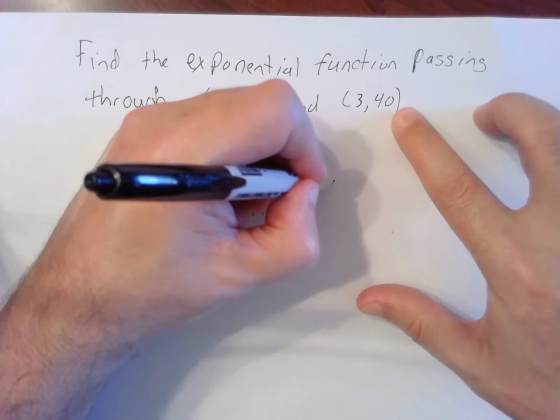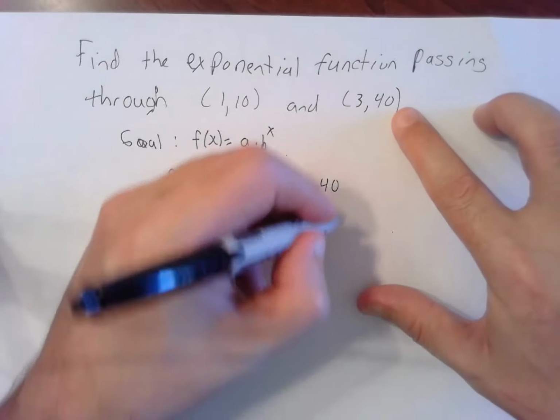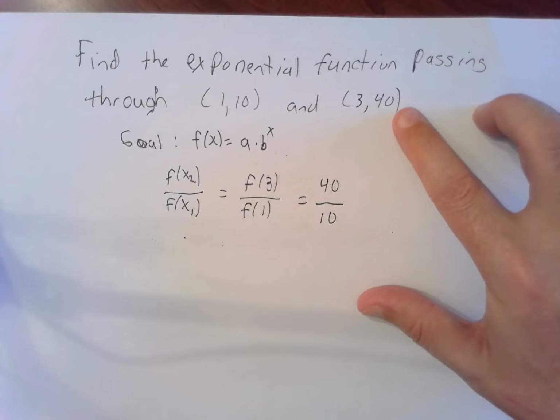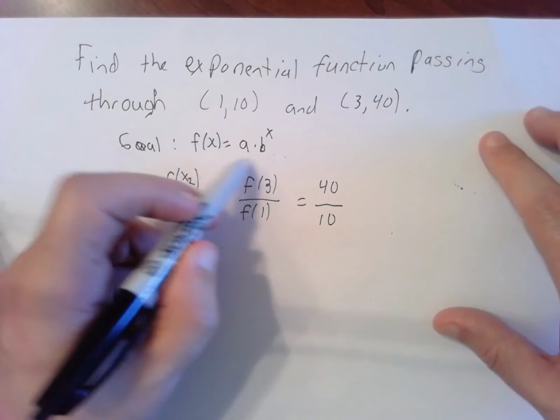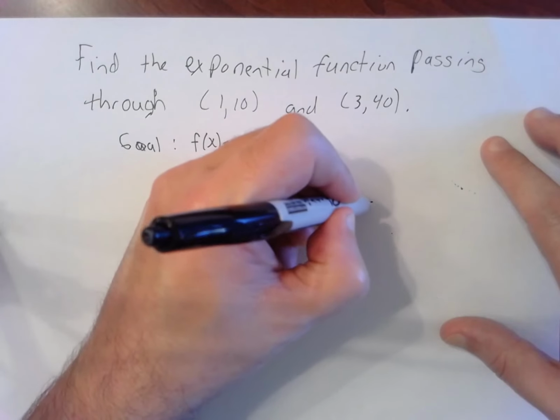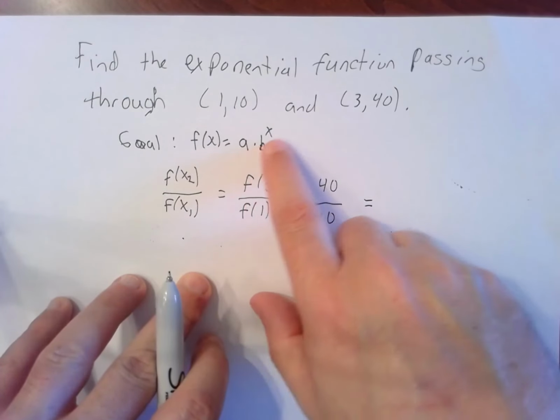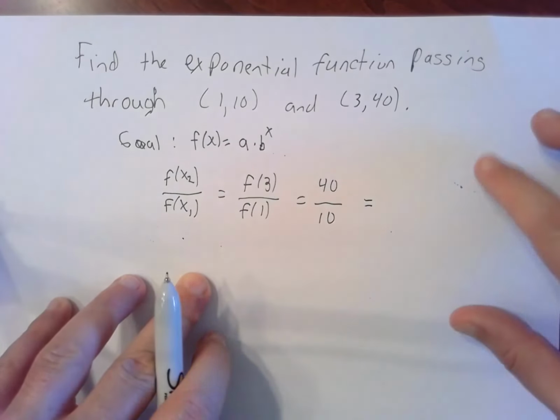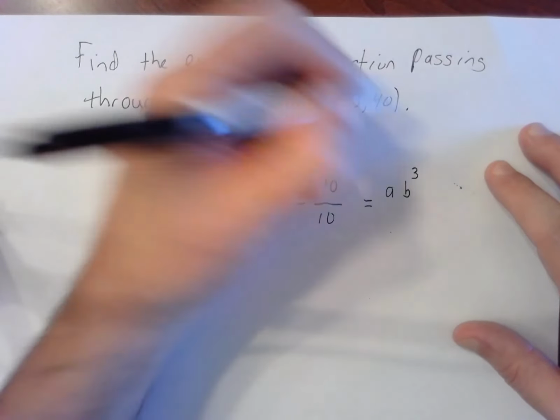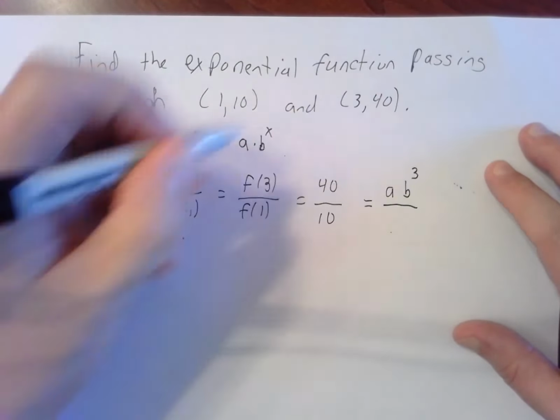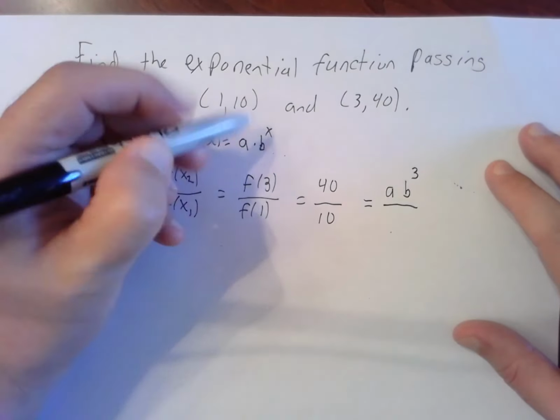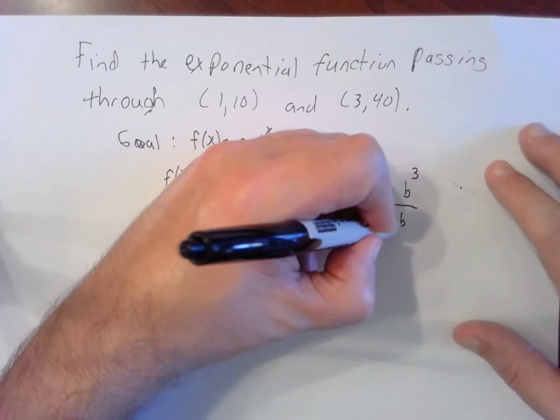That's 40. What is f of 1? That's 10. But according to the function, f of 3, rewriting this, only now plugging in x equals 3, I get a times b to the third. f of 1 means rewrite this, but plug in x equals 1.